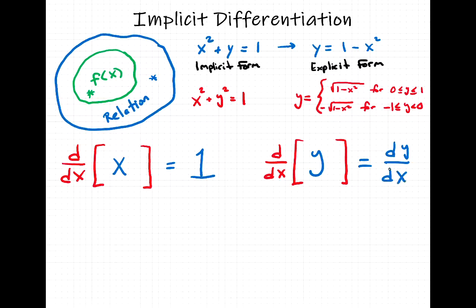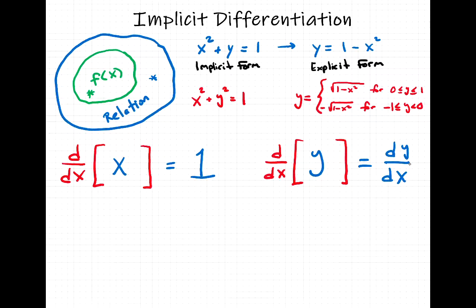So basically, the d, d, and the x, that's basically one symbol. The d dx is one symbol, and that's being applied to the y. So shorthand notation for this is dy over dx. Okay, and so that's basically it. We have the same rules that we've been applying, the power, product, quotient, and chain rules.